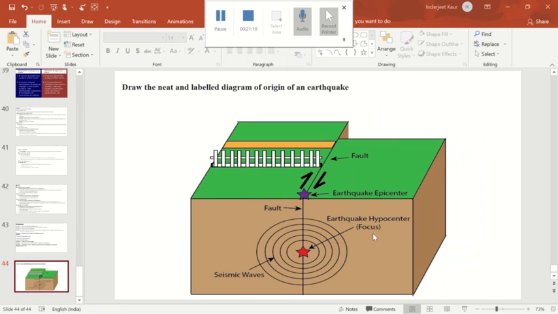So, this red star is the focus, and exactly on the surface above the same place is known as the epicenter. That purple star is exactly over that red star. This is on the surface, that is known as the epicenter. And these rings which I have made over here are various seismic waves, P, L or S waves, which are traveling in all directions.